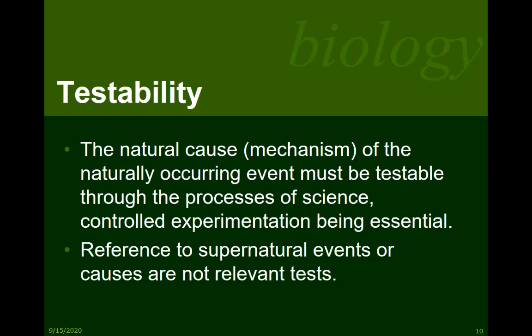Now, this gets a little bit tricky when we start thinking about fringe science or what they call theoretical science. Theoretical science is something that cannot yet be tested. And so according to this definition, there are certain things that we think of as very scientific that are not technically in the realm of science. A great example of this would be a black hole.